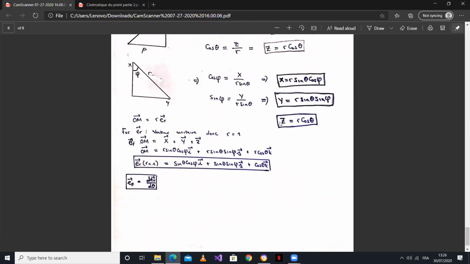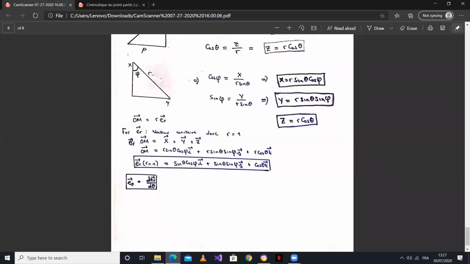Taking into consideration that r is equal to 1 because we are dealing with a unit vector, r is going to be x along i plus y along j plus z along k. Like in the Cartesian plane, x along i, y along j, and z along k. And we have our expressions for x, y, and z in terms of the coordinates in the spherical system.